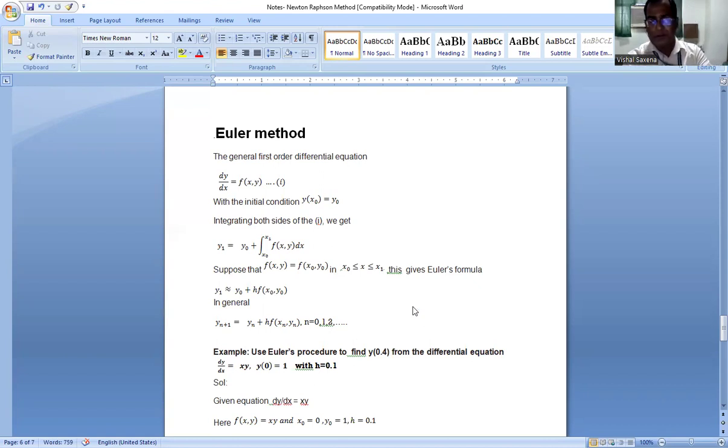After Euler's method, we can apply Euler's modified method also, which will give a more accurate and better value of the root of the equation. But presently we are going to discuss Euler's method.